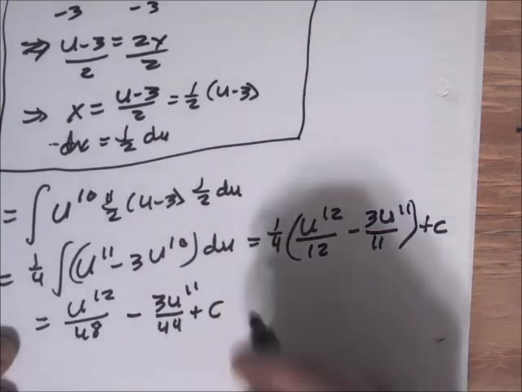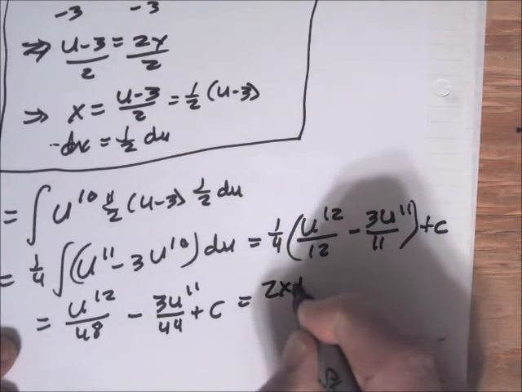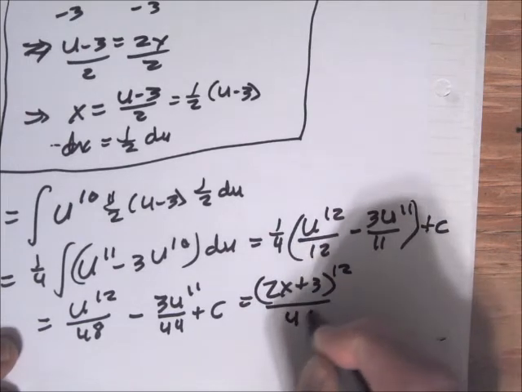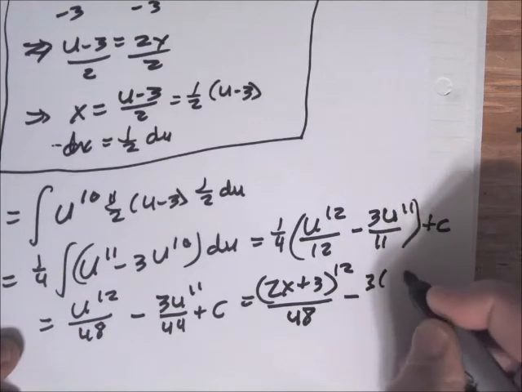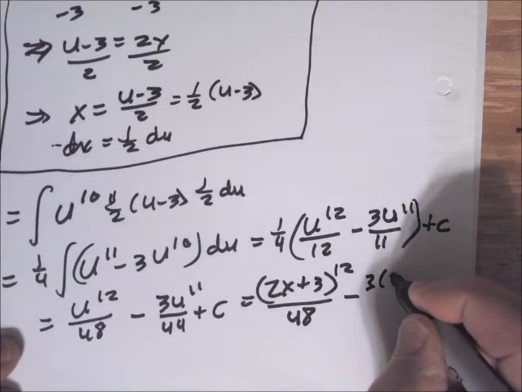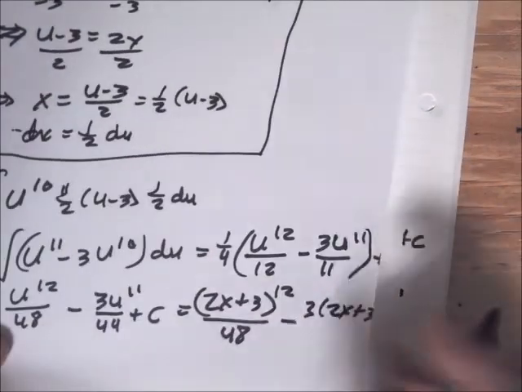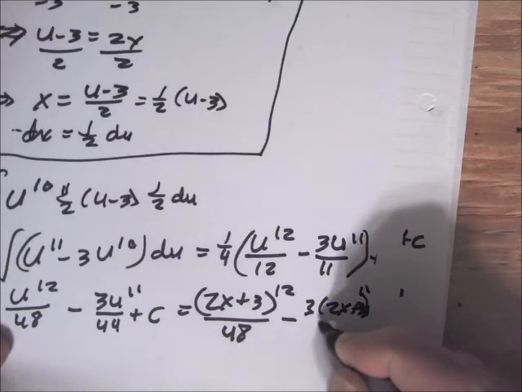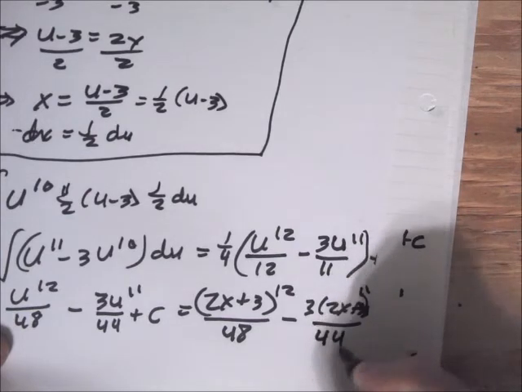And then we can put the x's back in. So this is 2x plus 3 to the 12th over 48 minus 3 times 2x plus 3, I'm running out of room, to the 11th, over 44 plus a constant.